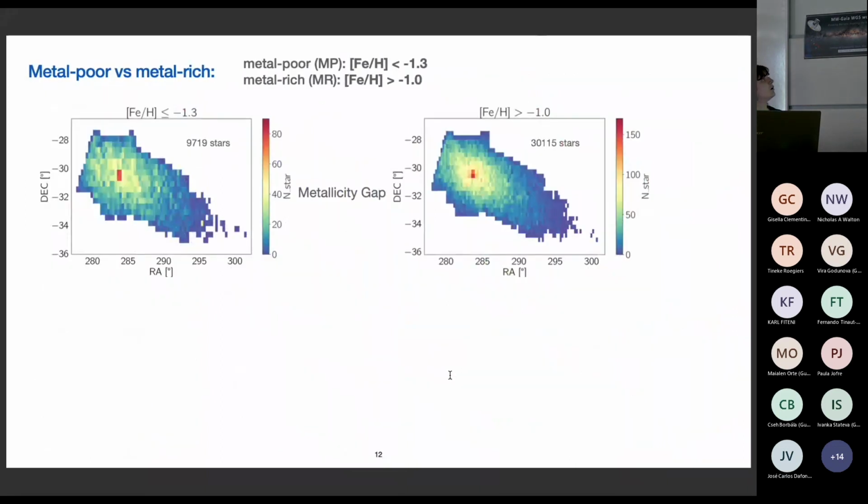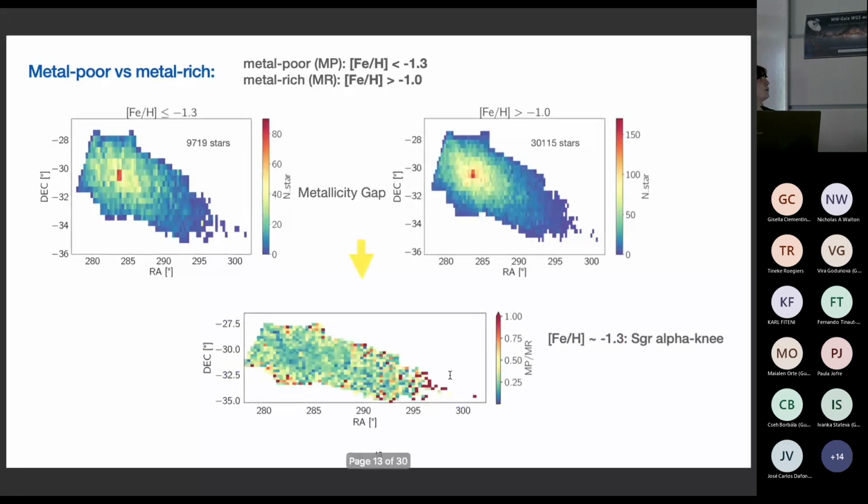We then focused this analysis by selecting just our metal poor and metal rich stellar populations, and we decided to set as metal poor stars those with metallicity below -1.3 and as metal rich stars those with metallicity above -1. We left this gap between the two definitions to be sure not to have contamination between the two metallicity groups, so that metal poor stars do not jump into the class of metal rich stars.